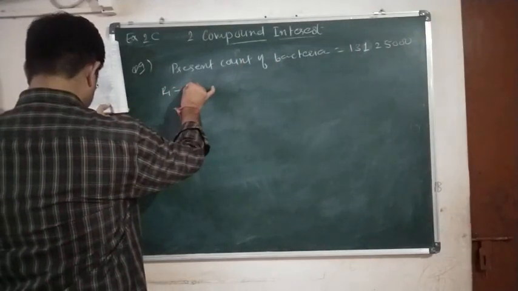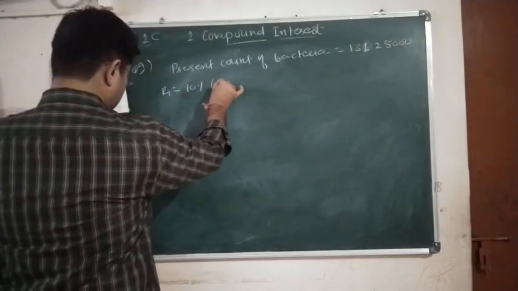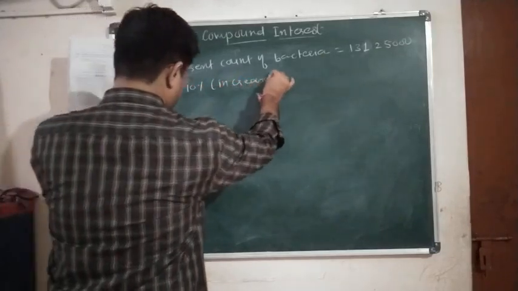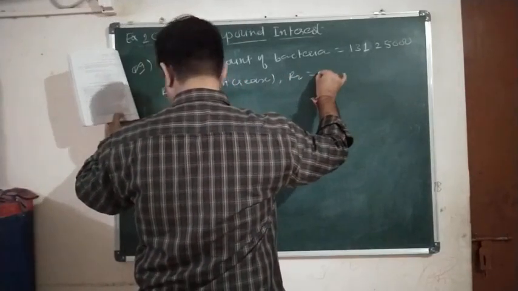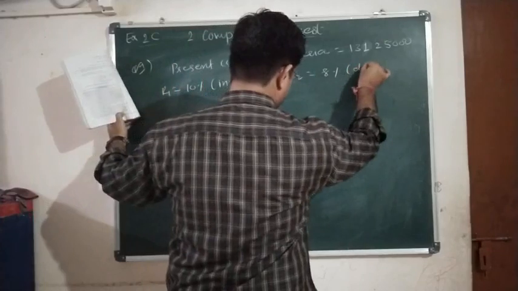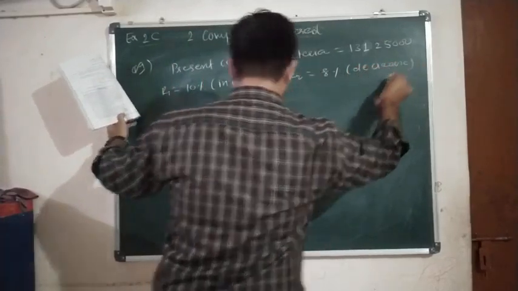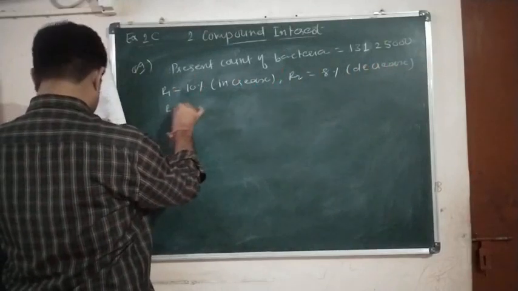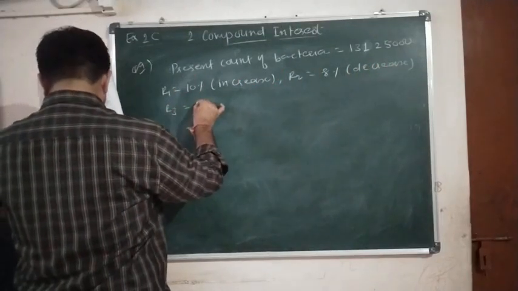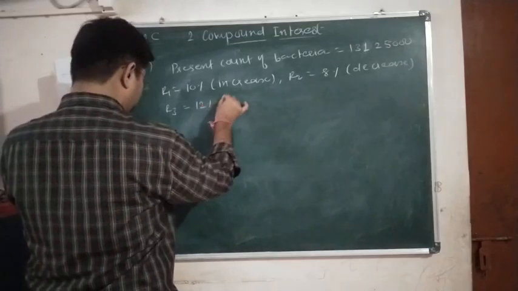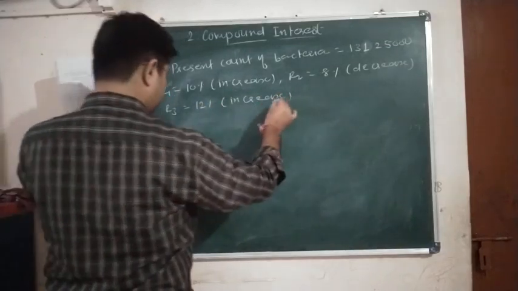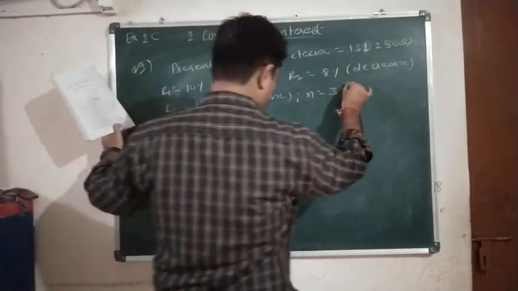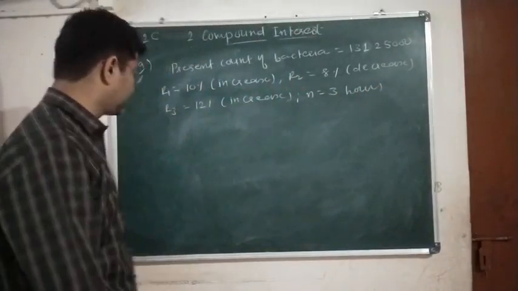R1 is 10% increase in the first hour. Then R2 is 8% decrease, and R3 is 12% increase. So n is given to be 3 hours. We have to find the count of bacteria after 3 hours.